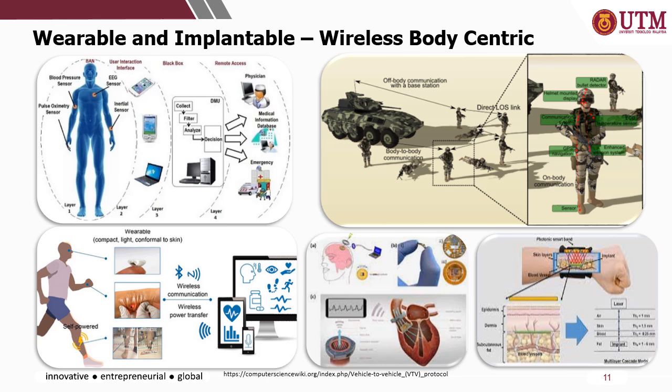We may see that currently there are lots of smart devices in sports, in tracking, children's tracking, and health monitoring at home. So the information can be sent straight away to the medical practitioner in the hospital for record.